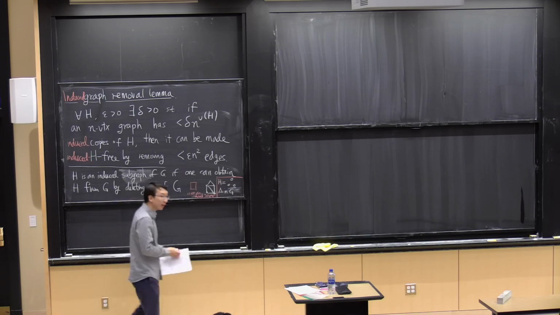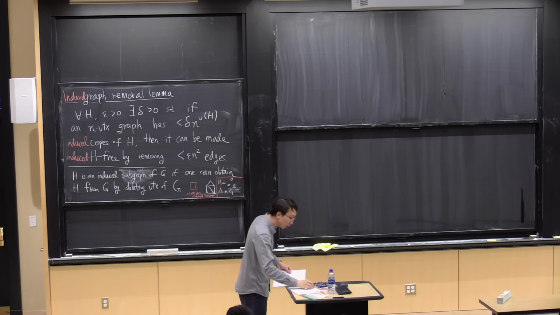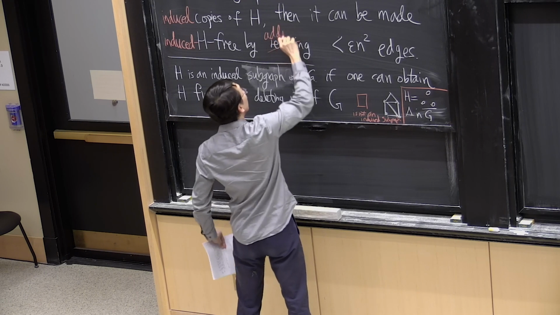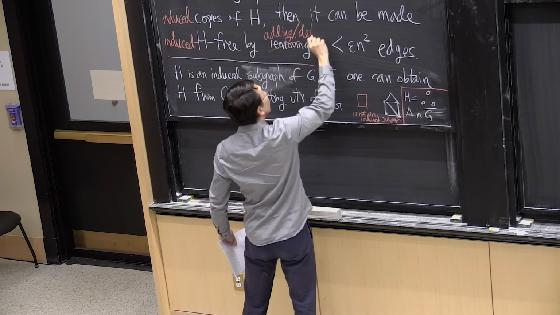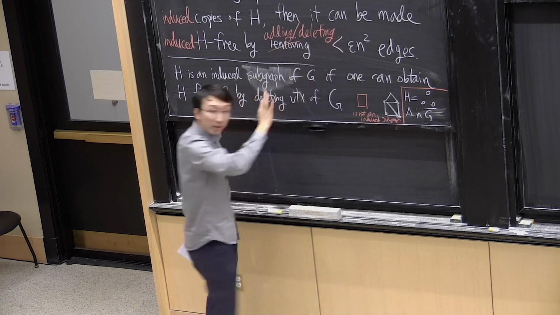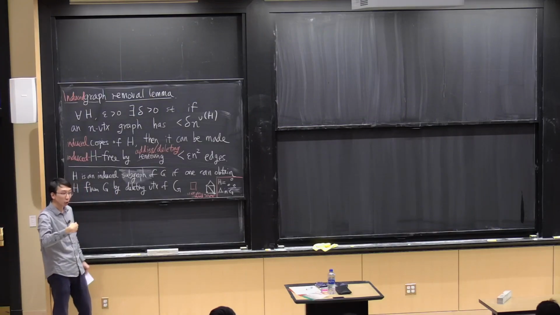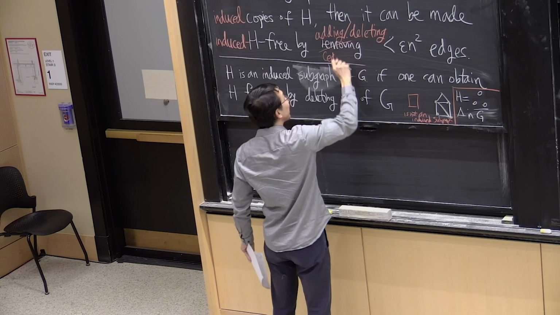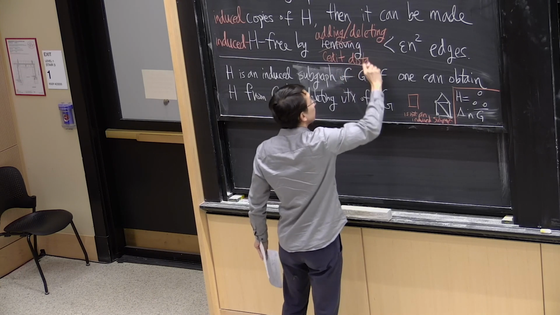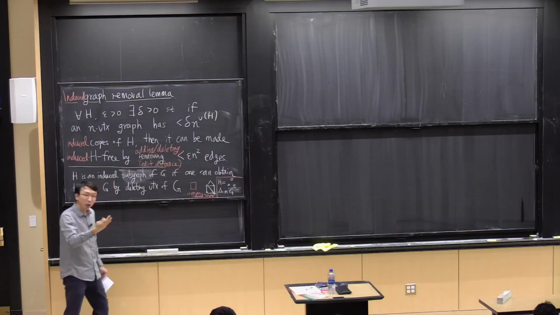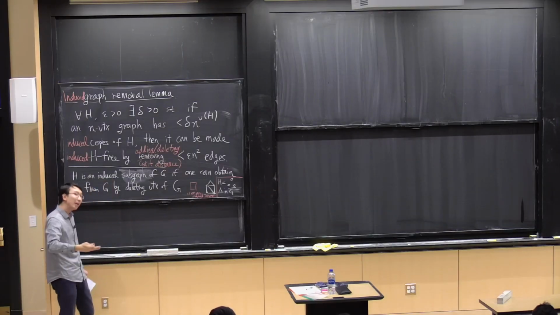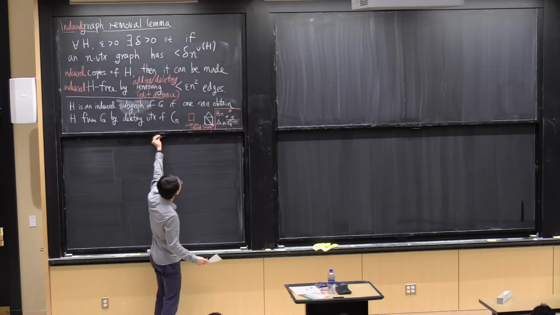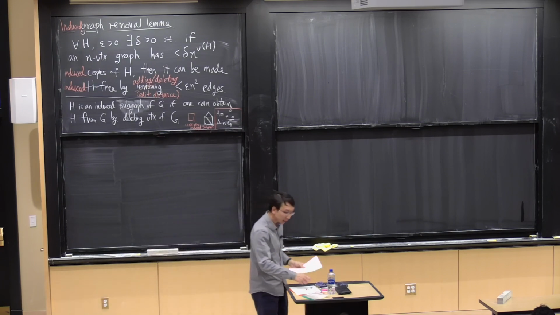So we need to make the modification where instead of removing these edges, we both remove and add, adding or deleting. So you're allowed to add some edges and delete some edges, but in total, you change no more than epsilon n squared edges. This is sometimes also known as the edit distance, if you're allowed to change edges. So you can now add edges and delete edges. Any questions about the statement?